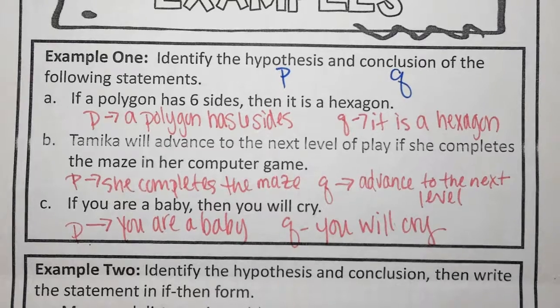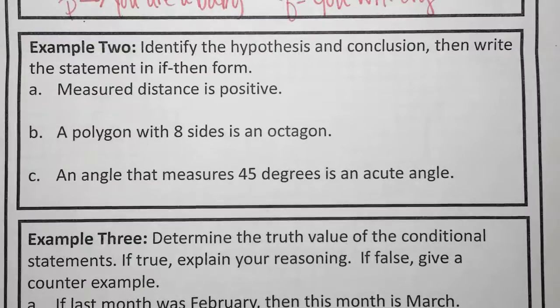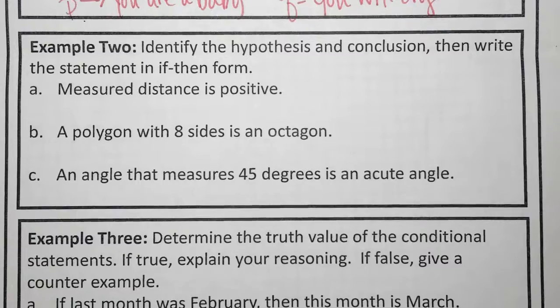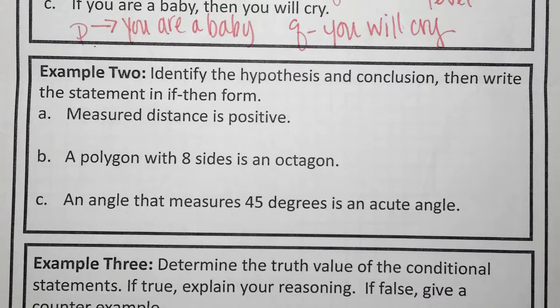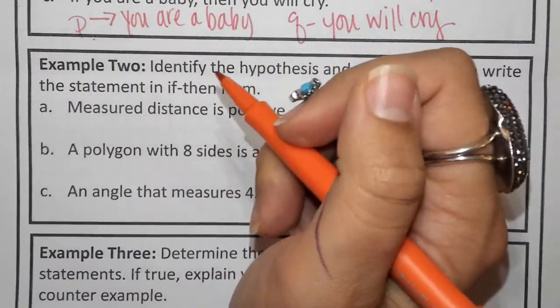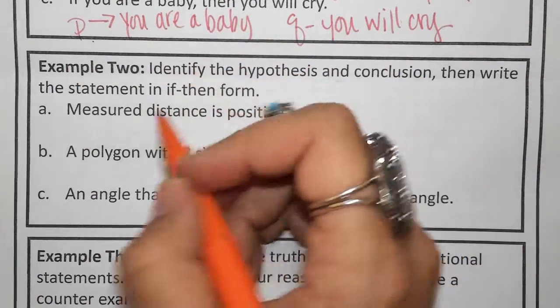All right, example 2. The directions say identify the hypothesis and the conclusion. Then write it in if-then form. Okay. Well, all right. If you measure the distance, then it is positive. So which one of those is our hypothesis?